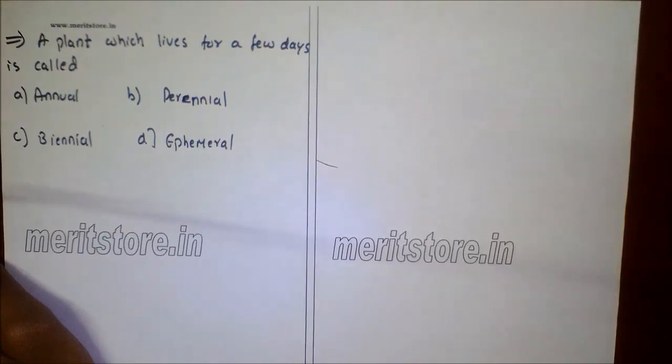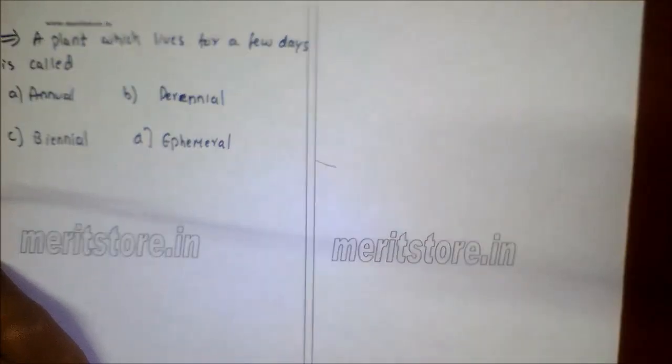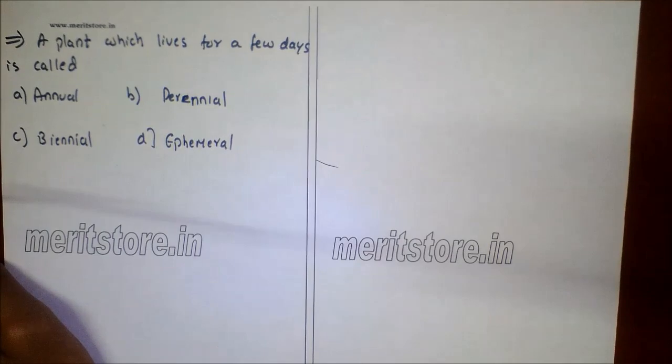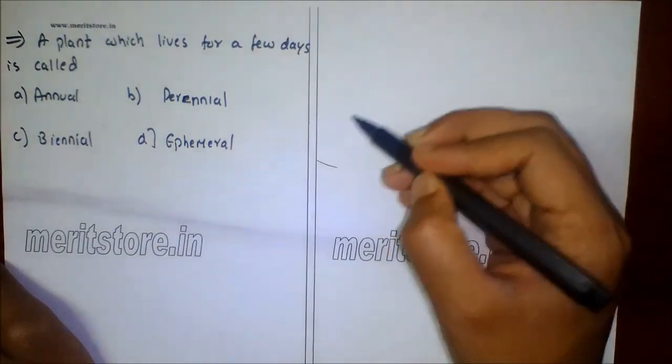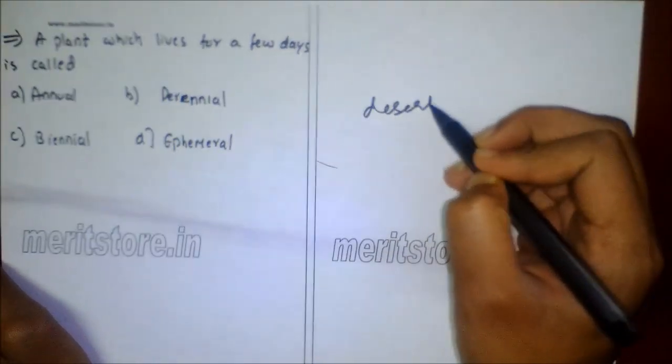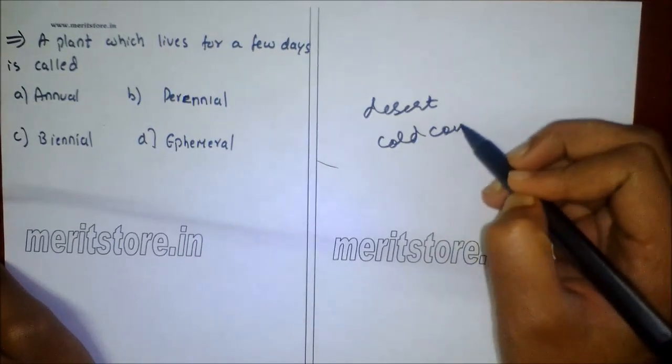A plant which lives for a few days is called A. annual, B. perennial, C. biennial, D. ephemeral. A plant which lives for a few days is known as ephemeral because of the very short growing season. Such plants are found near deserts or in very cold countries.